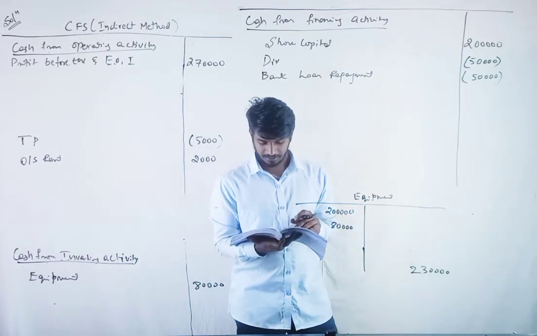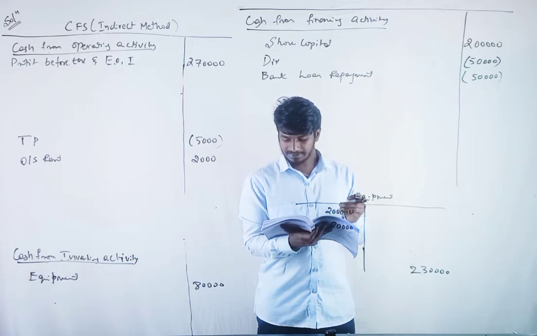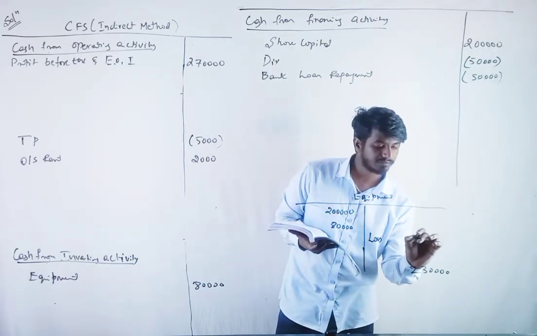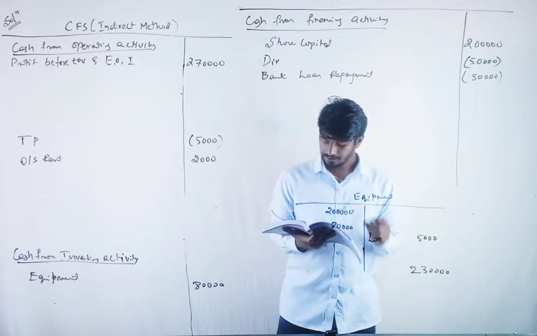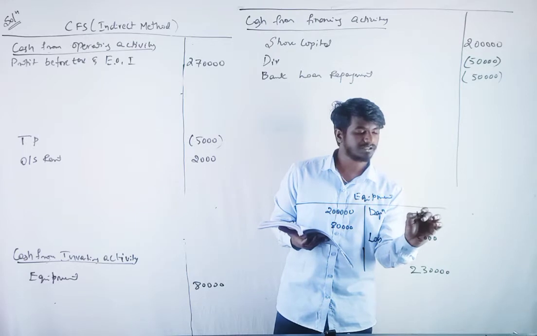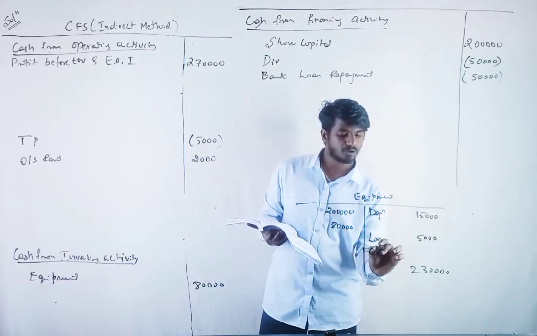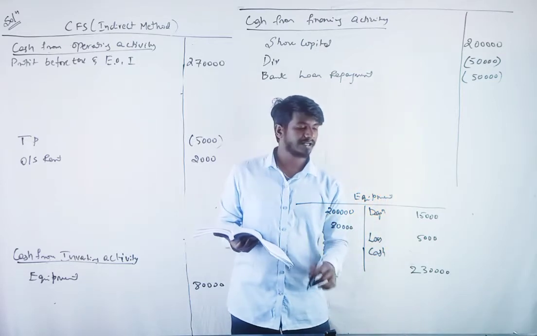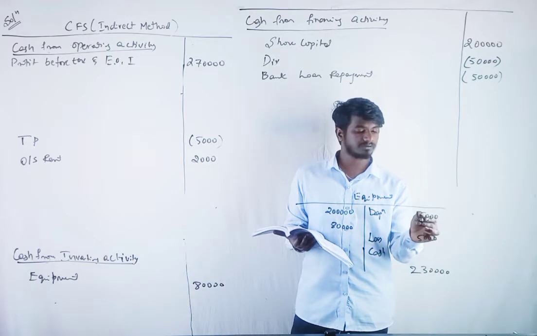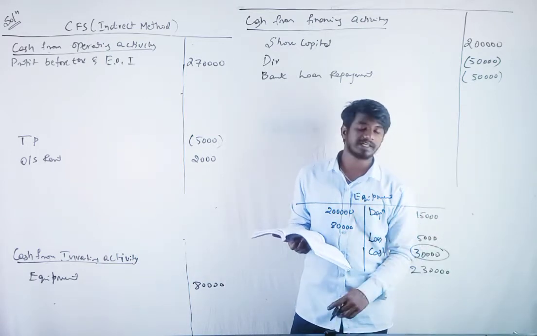Okay, it went. Fine. Next, loss on sale of equipment, we have a loss of 5,000 rupees. And next, depreciation we have 15,000 rupees. What will be the remaining amount? The remaining amount will be cash: 2,80,000 minus 2,30,000, it will be 50,000. 50,000 minus 20,000, 30,000 is the remaining cash.